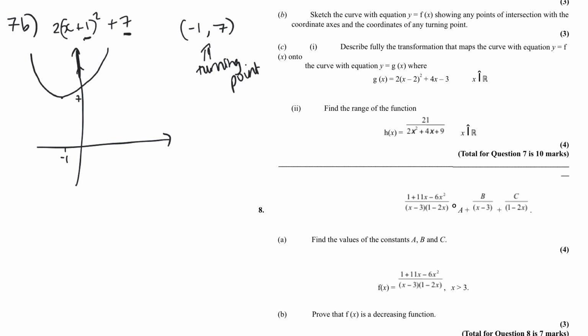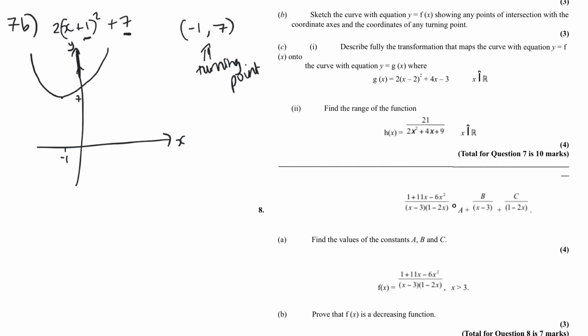And so we've worked out the turning point, then we would need to work out the other points on the coordinate axes. So we can see that it crosses the y-axis. At that point where it crosses the y-axis, sorry, not y is equal to 0, at the y-axis, x is equal to 0.